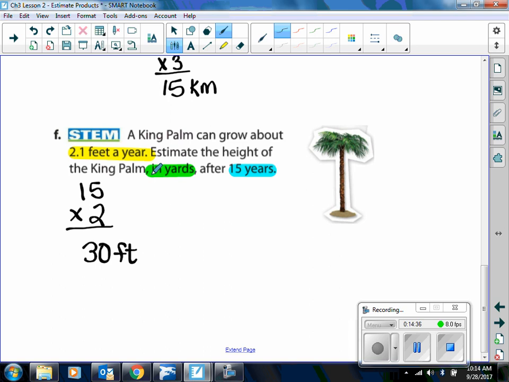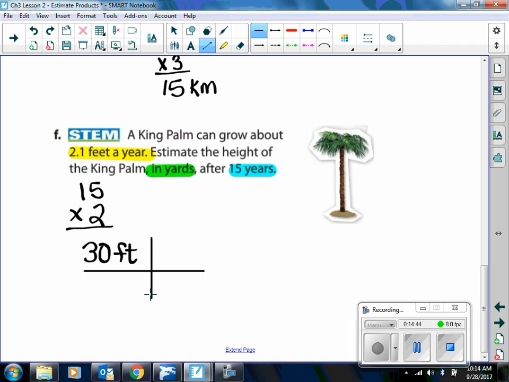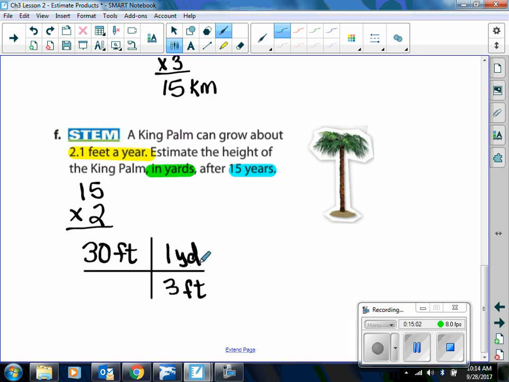But we want to know how many yards, right? So don't forget our dimensional analysis. We're going to change 30 feet to yards. How many feet are in a yard? 3 feet is equal to 1 yard. Very good. So we're going to put 3 feet down here. See how everything comes together? And 1 yard right there.